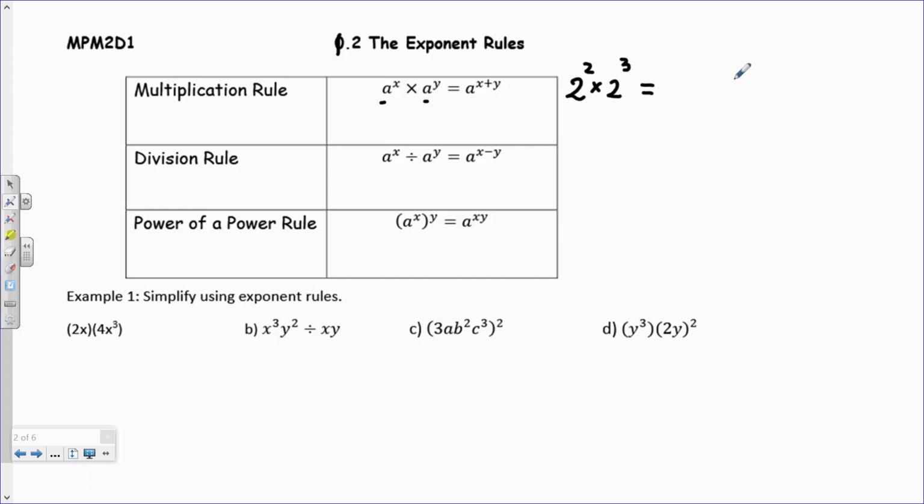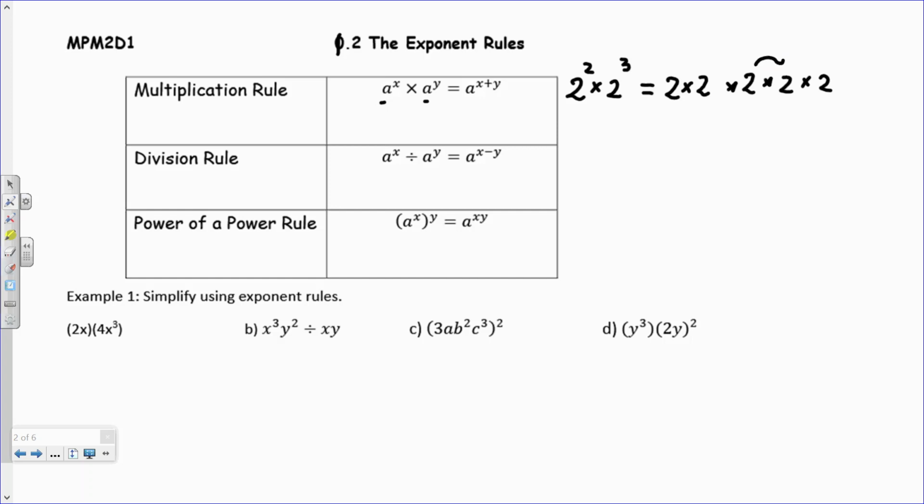The answer will be 2 to the added exponent, and I will explain why. So 2 to the exponent 2 means 2 times 2. Then times 2 to the exponent 3 means 2 times 2 times 2, 3 times.